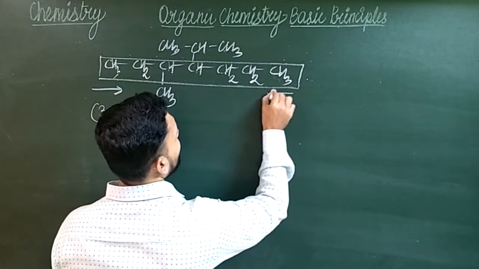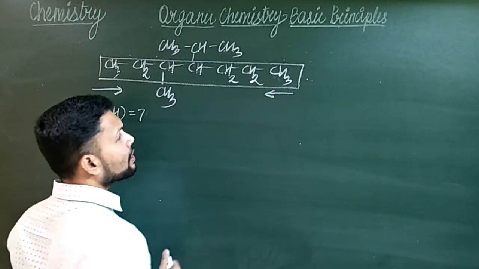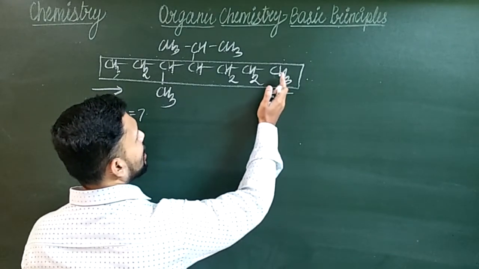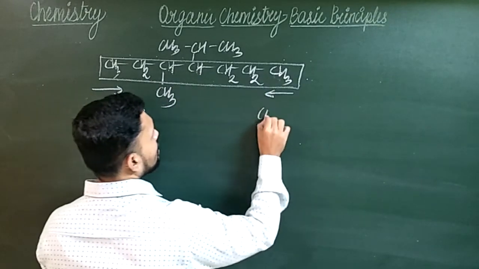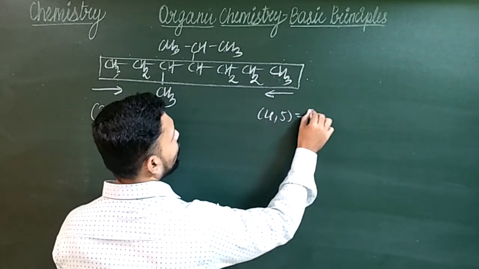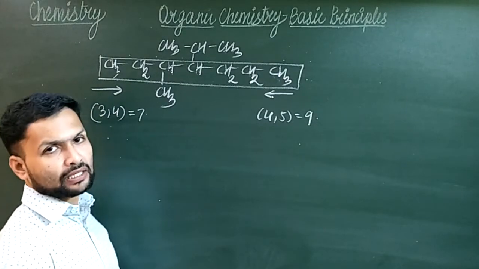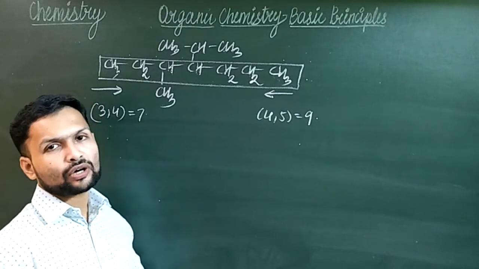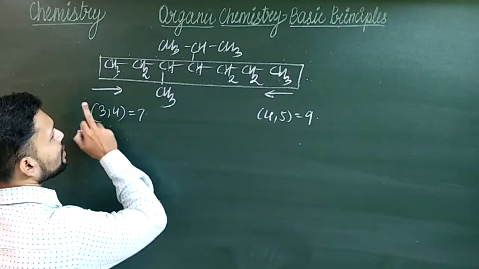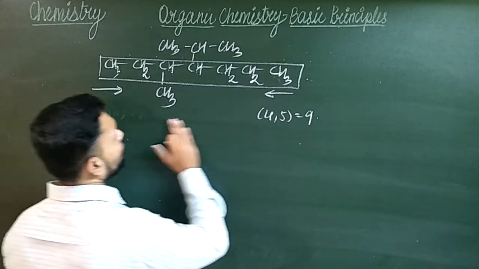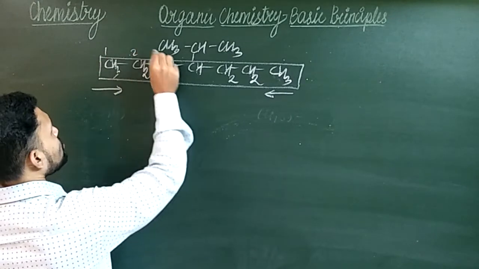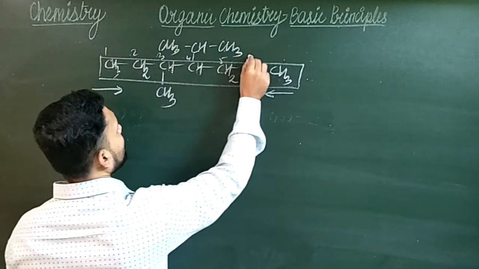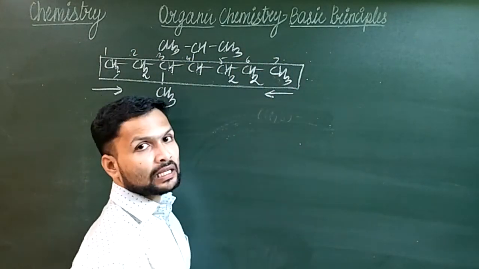Suppose I number from the other side: the substituents are present at 4 and 5, which sums up to 9. See from which end you are getting the lowest number. This side. So this should be the side from which you number the chain. Obviously this is 1, 2, 3 and 4, 5, 6 and 7. Next step.